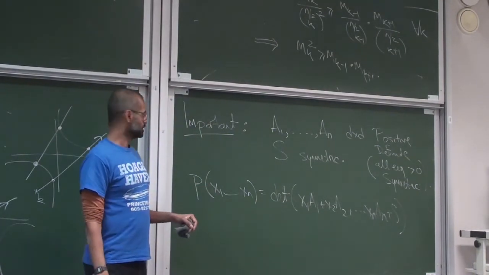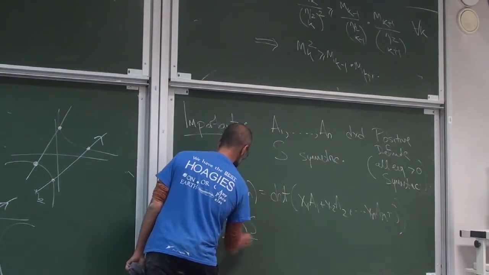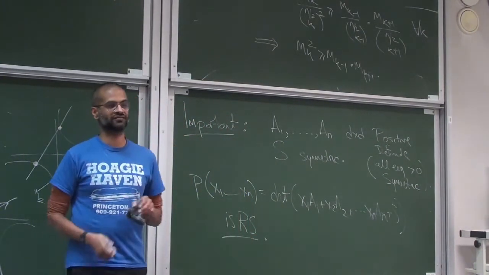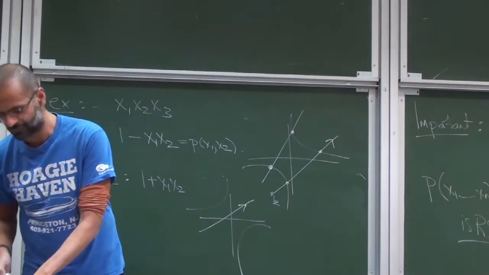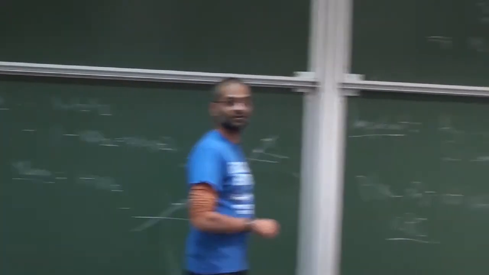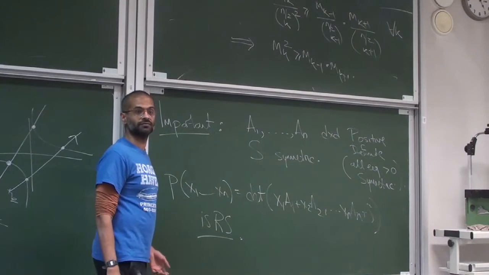Right? This is real stable. So this is a very large class of polynomials that are real stable, of which almost all, like most useful examples are somehow derived from this. Okay, so let me explain why this is real stable.